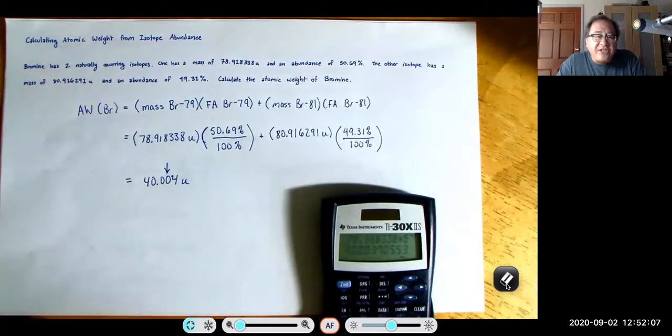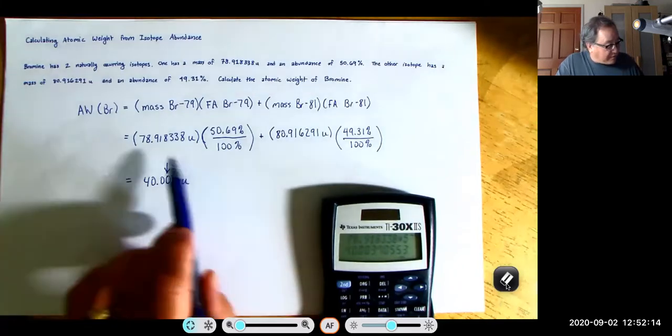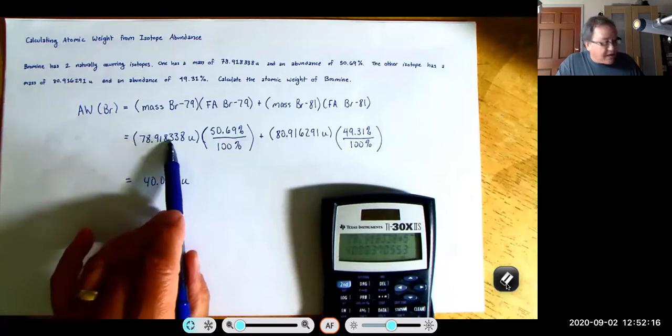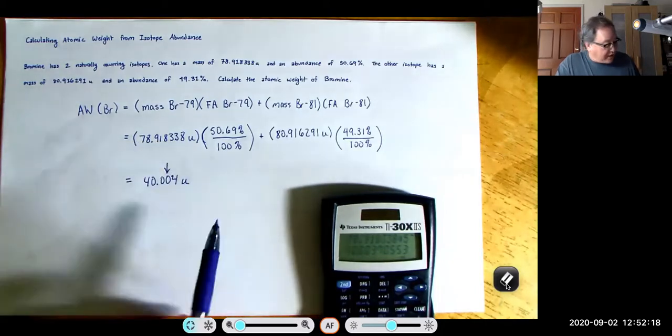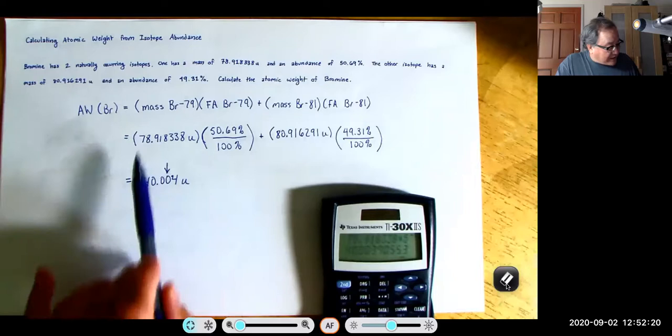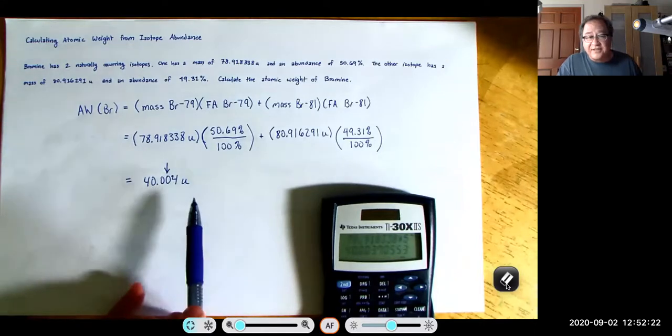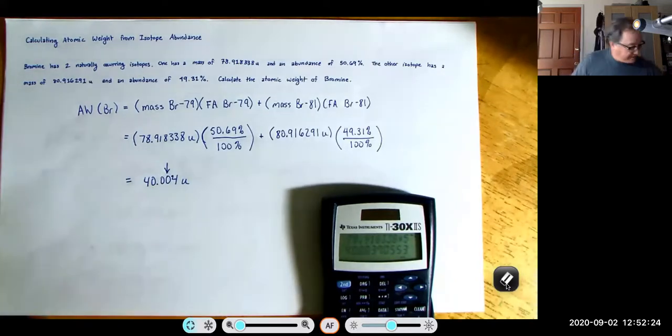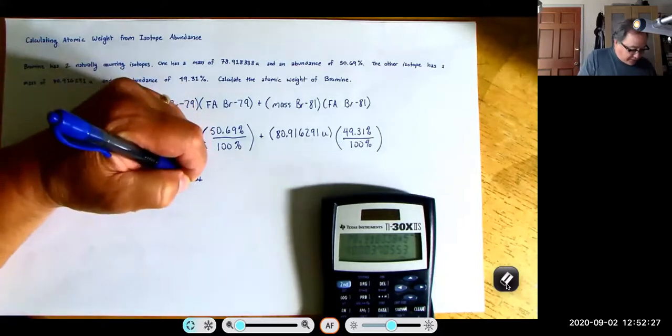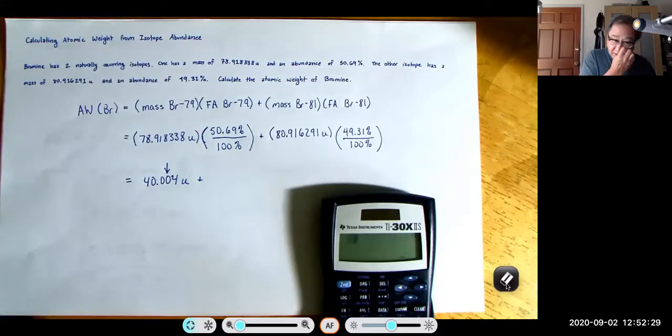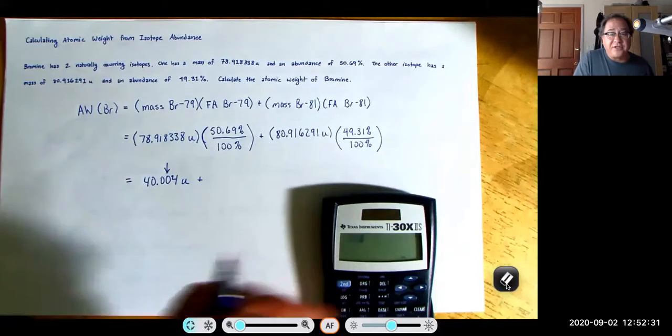The definition of percentage means over 100 exactly, so that's an infinite number of significant figures for the 100. And here we have 1, 2, 3, 4, 5, 6, 7, 8 significant figures. So the deal is that I want to keep at least one extra figure that's not significant before I finally round. You don't need to carry on all of those figures. It's just too much work.